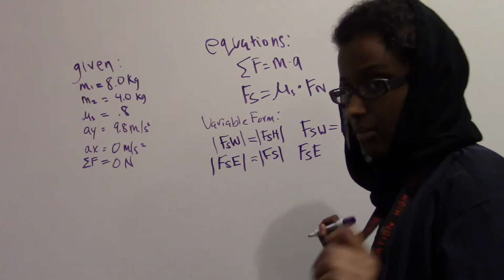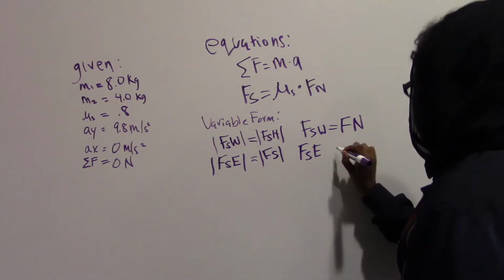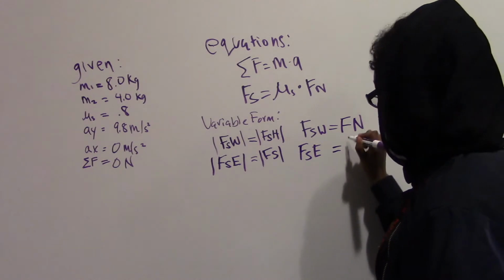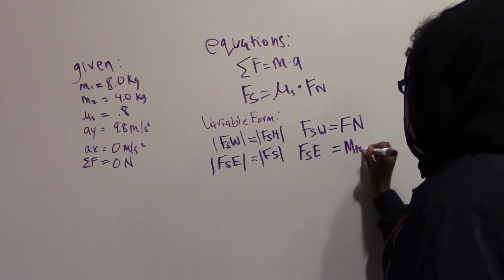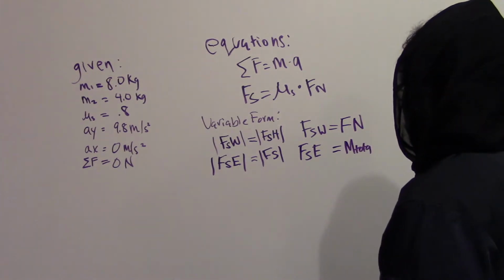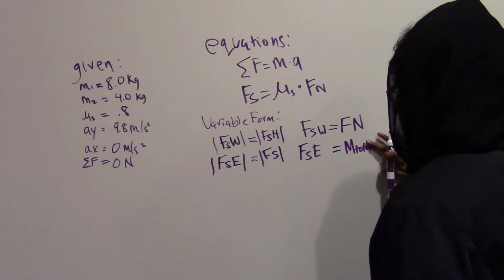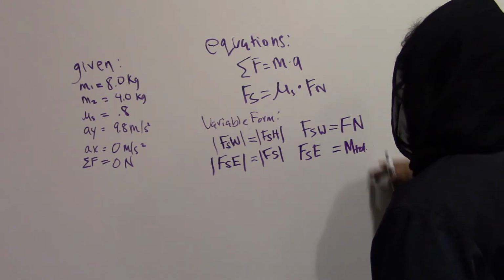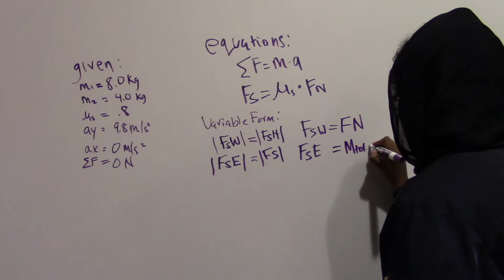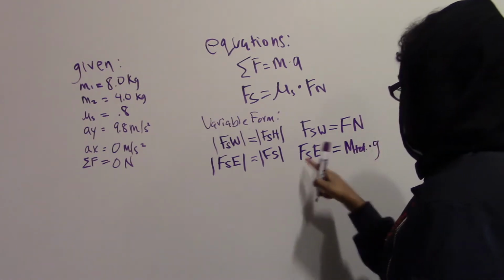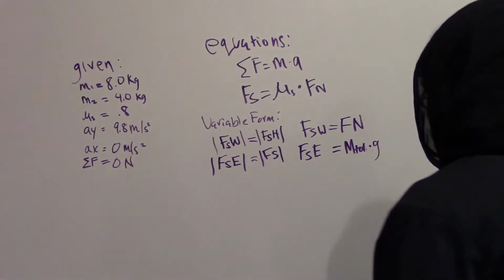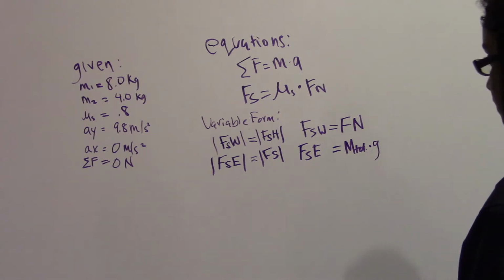Our subscripts are very important in this case, is equal to the mass total, so M tot, times G. So this is equivalent to this times this, right? Okay. I like that so far.